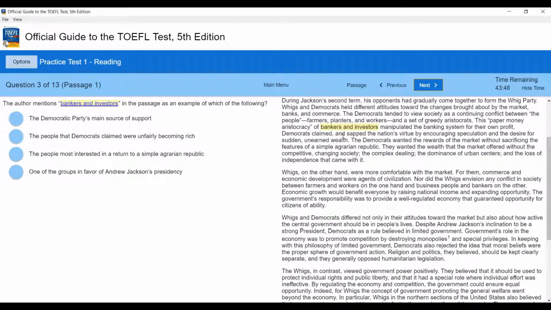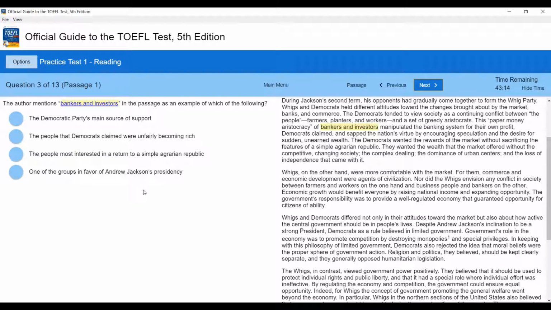So these bankers and investors, it doesn't say which one was in favor of his presidency.